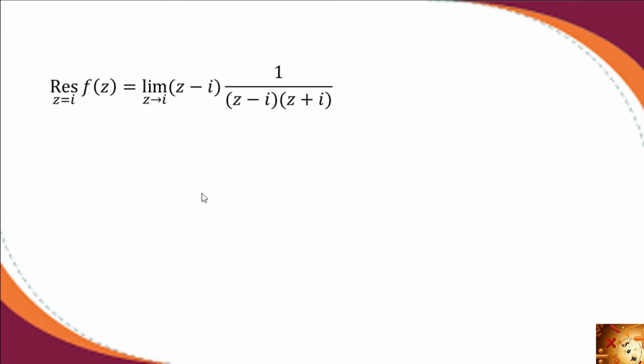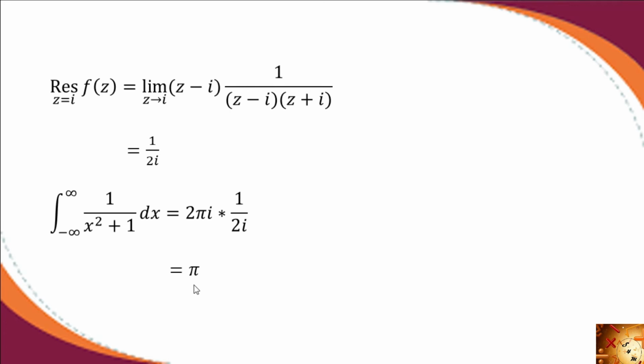Common terms are cancelled. Then the answer is 1 by 2i. Therefore, integral minus infinity to infinity 1 divided by x square plus 1 dx is equal to, by Cauchy's residue theorem, 2 pi i into sum of residues, that is 2 pi i into 1 by 2i, that is equal to pi, which is the answer.